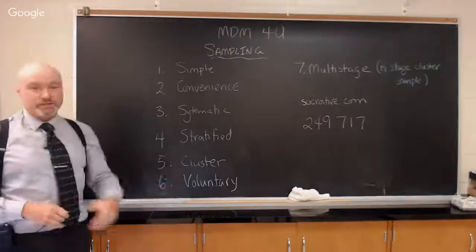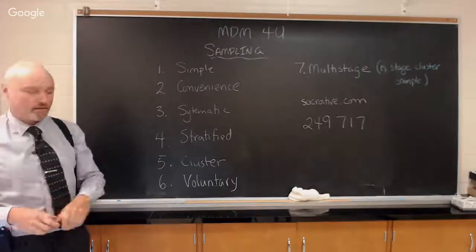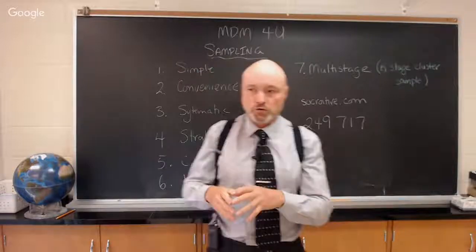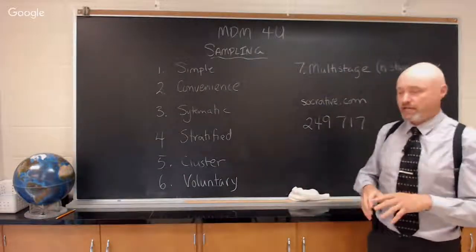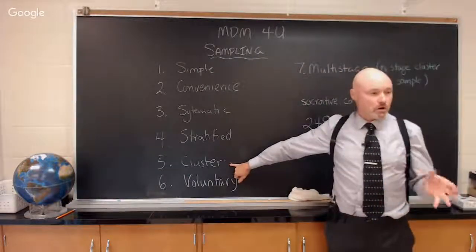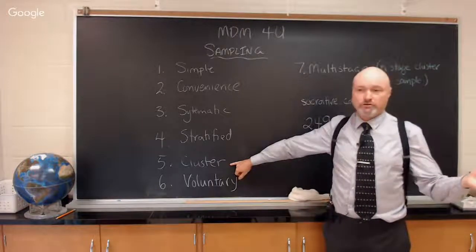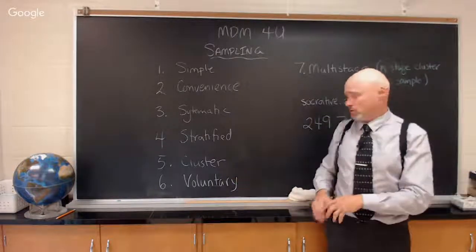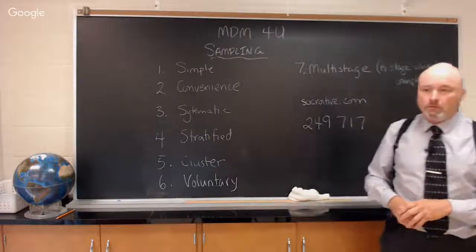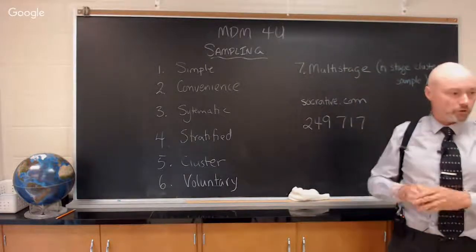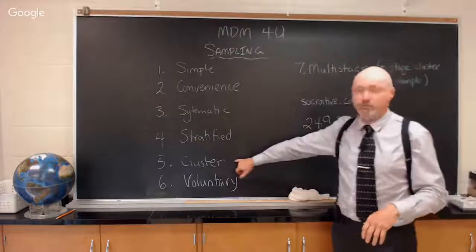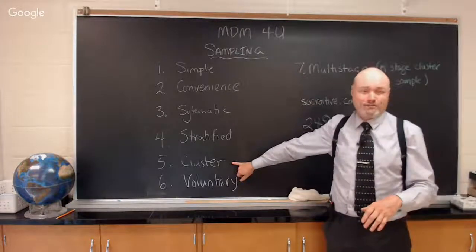Cluster sample, once again, this is where you're going to try and conveniently narrow things down. So if you wanted to know the average height of people in the school, you might pick a school board in Ontario and say, we're just going to sample this school board because we can't do all the school boards.